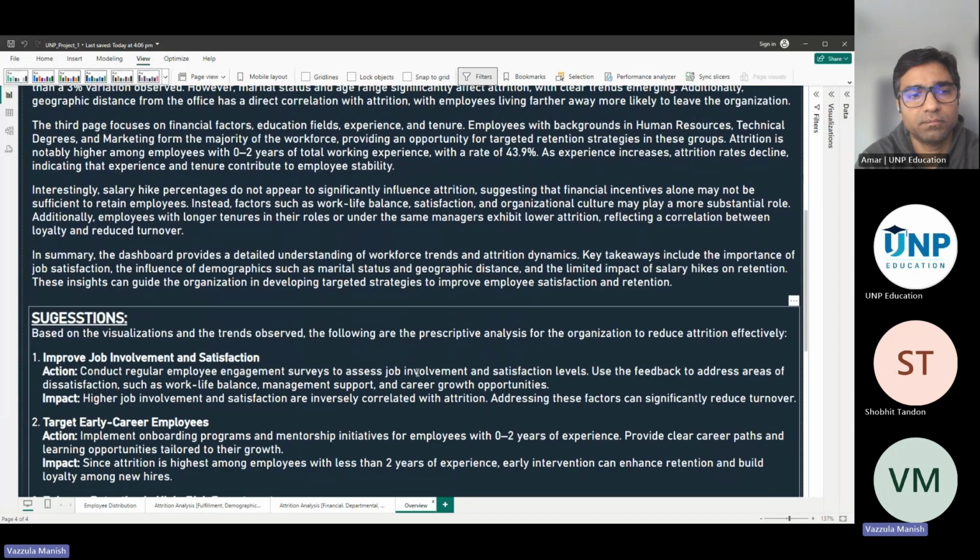The suggestion I can make to the company as a whole, to help them understand what they might want to do better, is to improve their job involvement and satisfaction. Mainly, trying to make sure that people working within the company are satisfied, are able to work better, and are getting involved properly within their roles. Mainly because we see a very stark trend present within that graph, and this will likely affect a lot more than other factors that might exist.